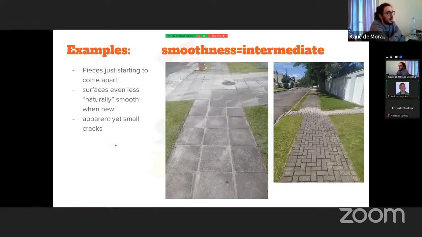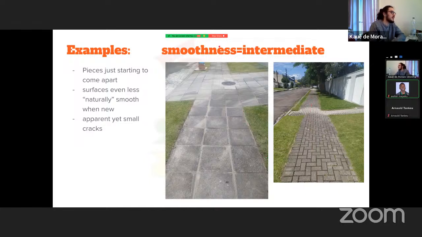Also we have smoothness intermediate, where you have surfaces that are naturally less smooth, or you are starting to have some kind of damage.